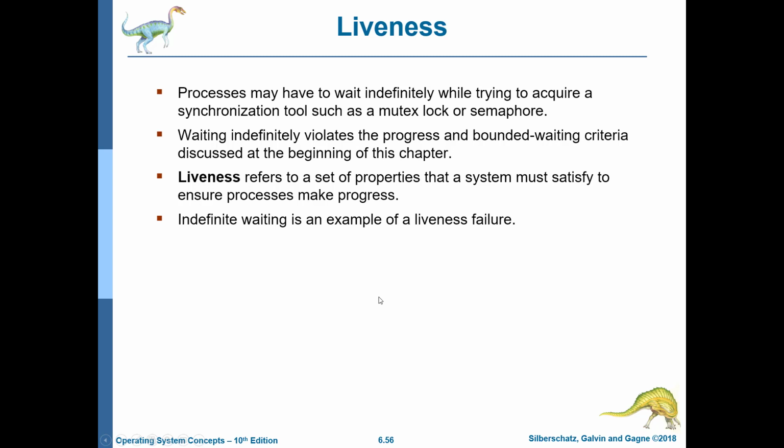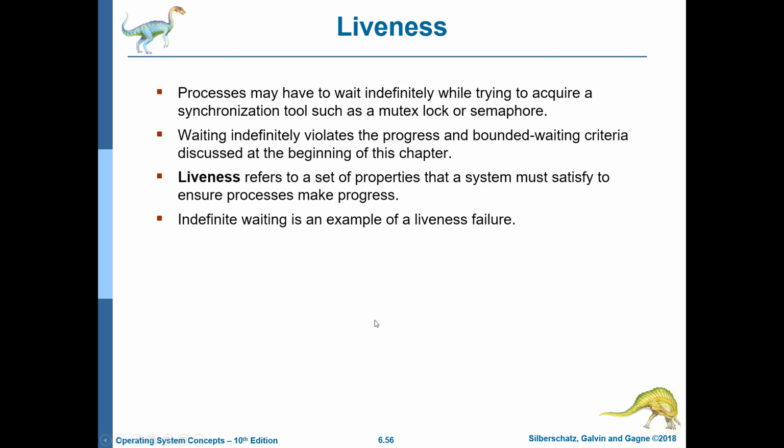So now we will have 2 or 3 slides about liveness. Liveness basically means that processes may have to wait indefinitely while trying to acquire a mutex lock or a semaphore. Waiting indefinitely can violate the liveness property.